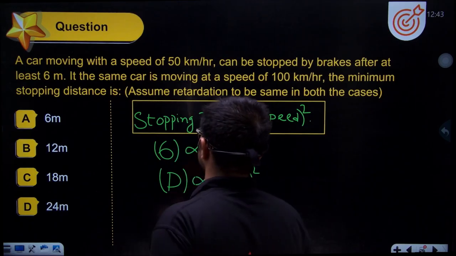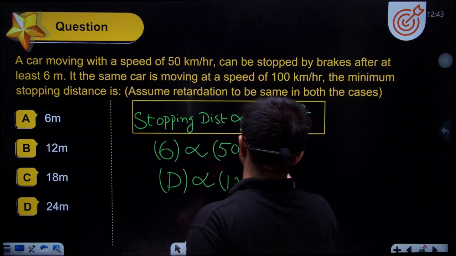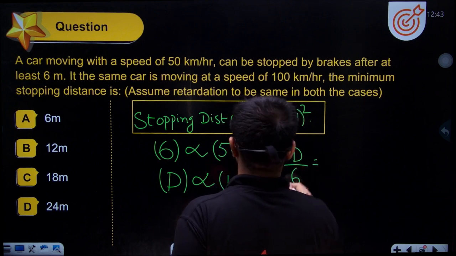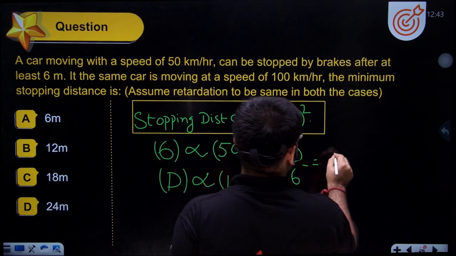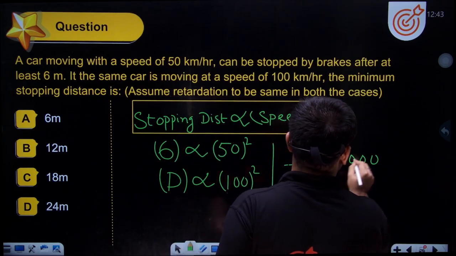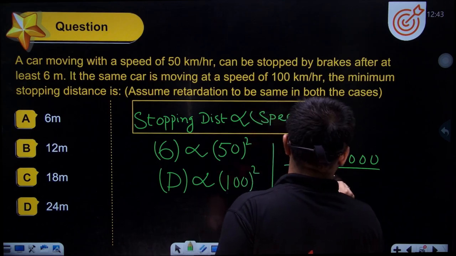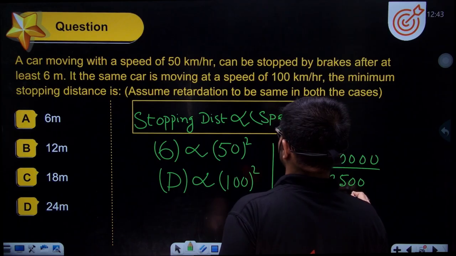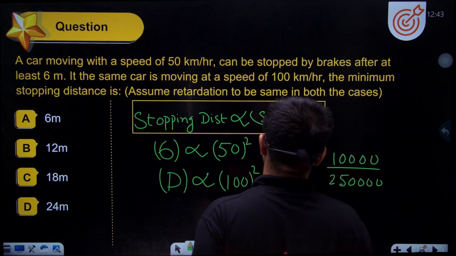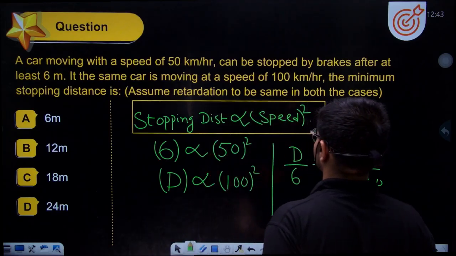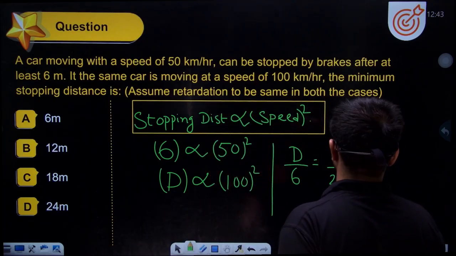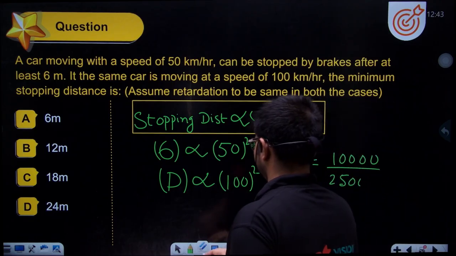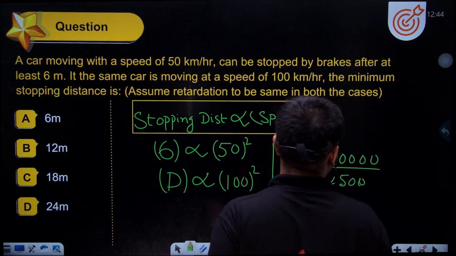So from here you can say that, okay, d by 6 is equal to 100 square by 50 square.